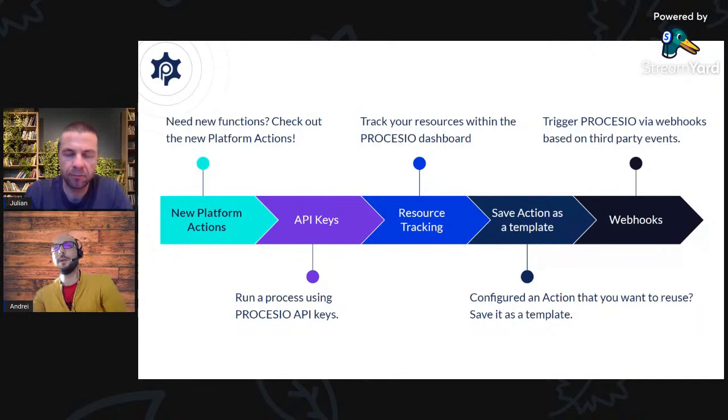I know about a particular feature called search by similarity strings, which is going to be ready probably in a few weeks from now in PROCESIO. Right. Awesome. So that's really exciting as well.